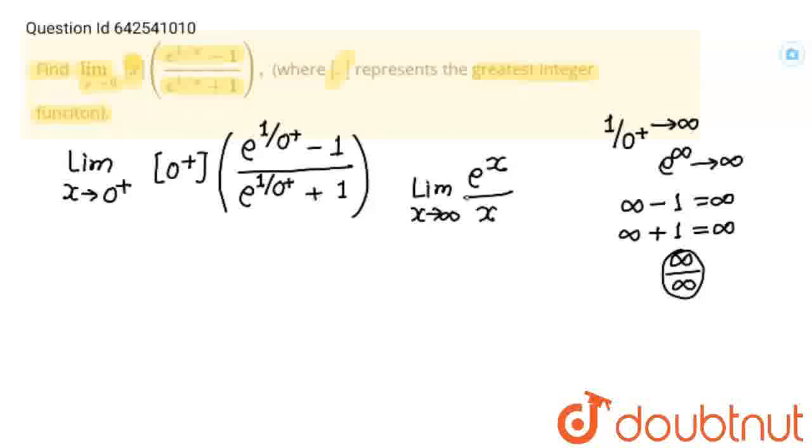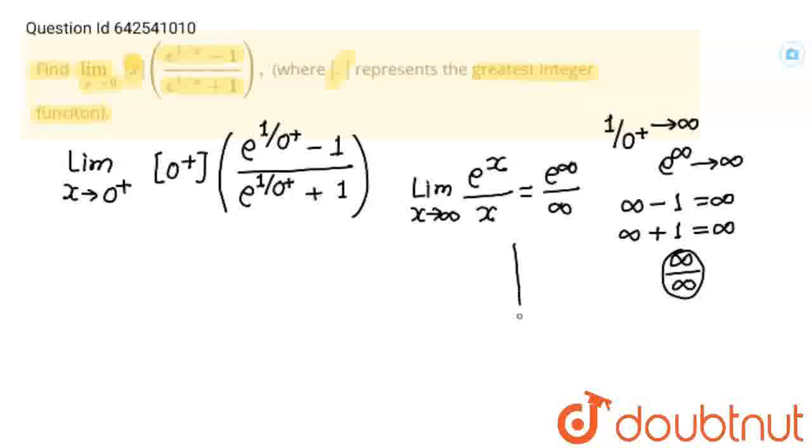What will be its value? We'll see whether e to the power infinity is greater or infinity is greater. Value of both is infinity, but which infinity is greater? This e to the power infinity is greater.